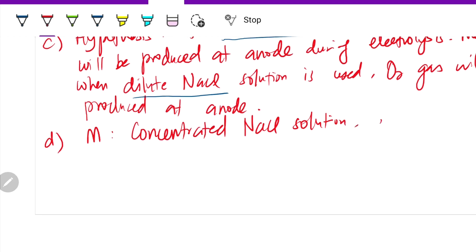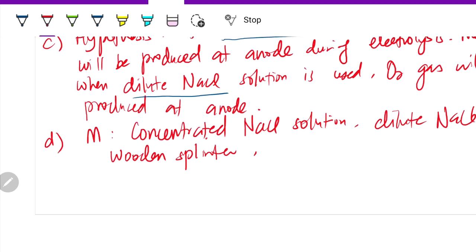Another one will be dilute sodium chloride solution. After that we also need to have wooden splinter to test the oxygen, and then blue litmus paper to test the chlorine.